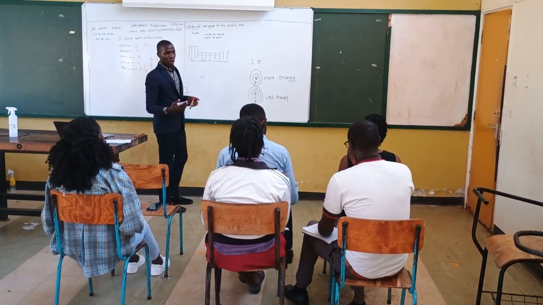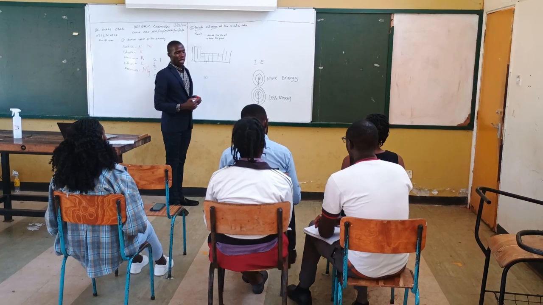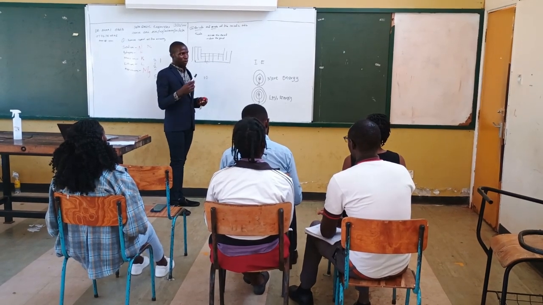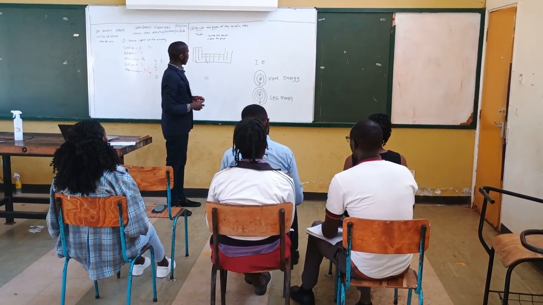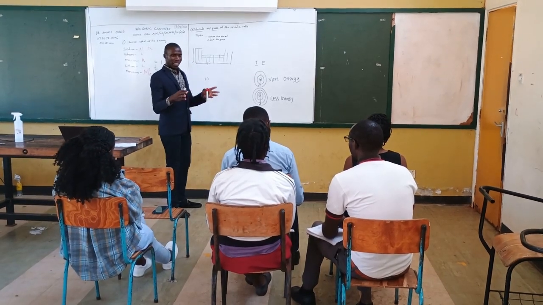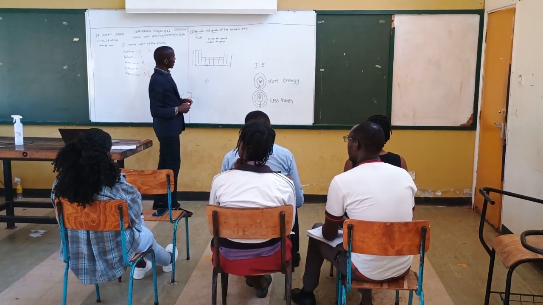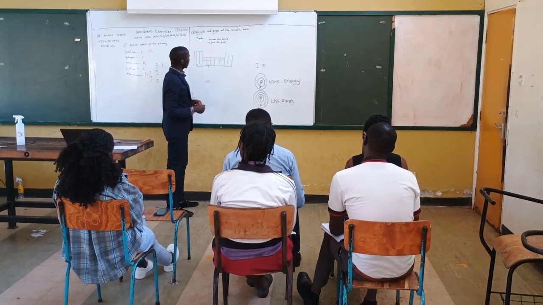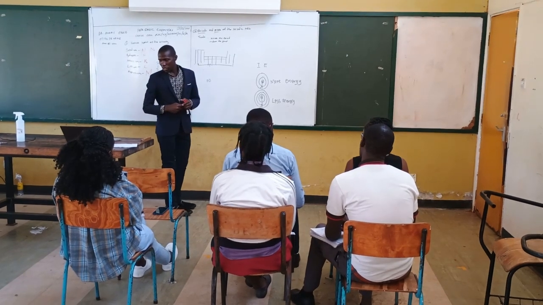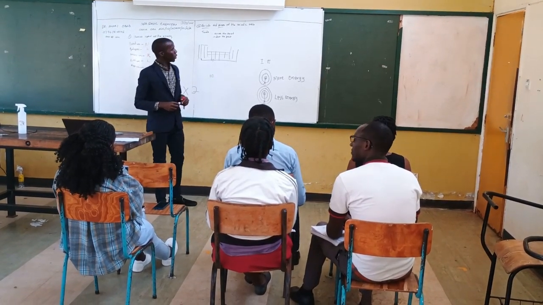So the first thing you're going to do in our next class is present about the metallic properties, metallic character and electronegativity. So let us go and read about it in our free time. Any other question?